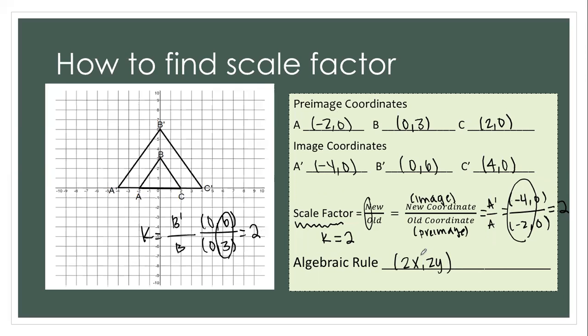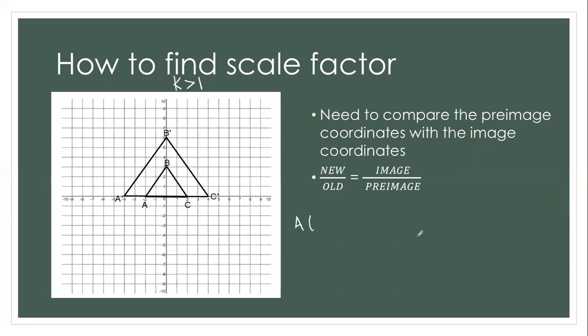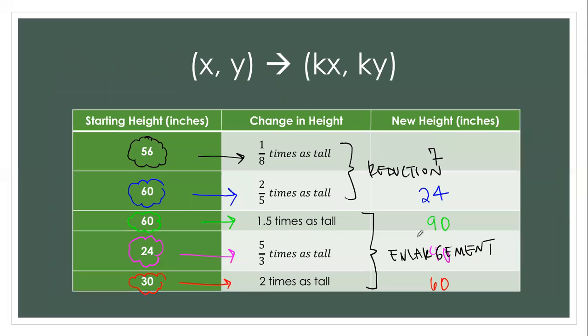For the first one that we did, we multiplied it, right? The first slide we did. Yes, we multiplied that one. We did this just to realize that if my k value was less than 1, it should be a reduction. If my k value was greater than 1, it would be an enlargement.